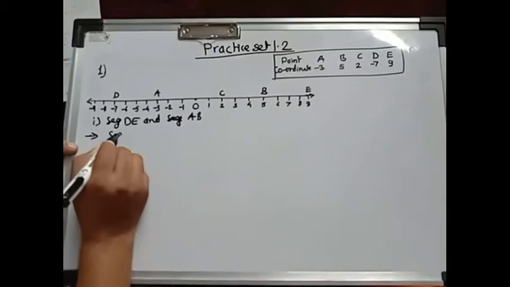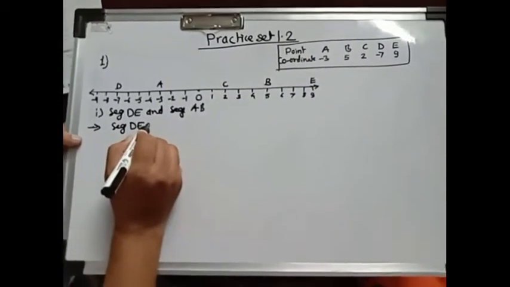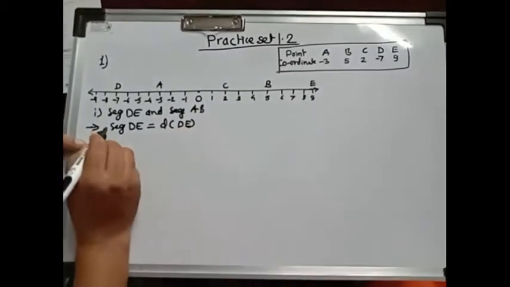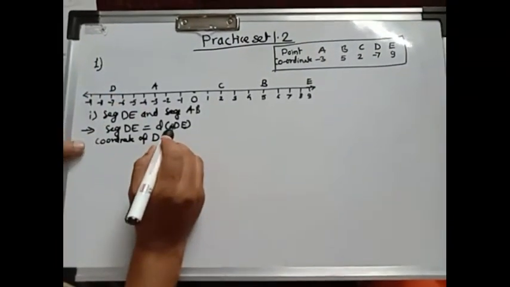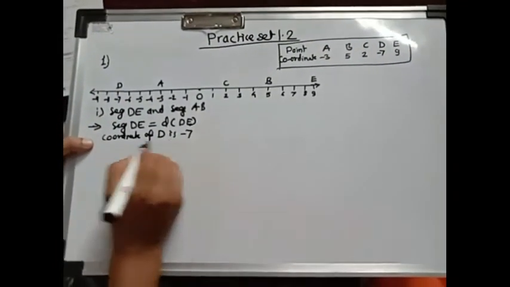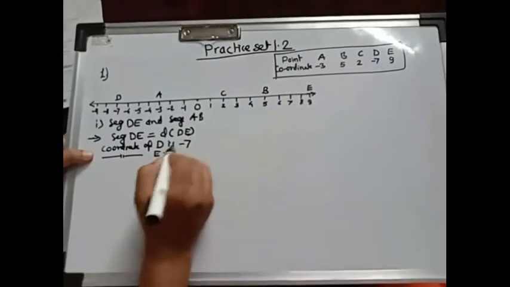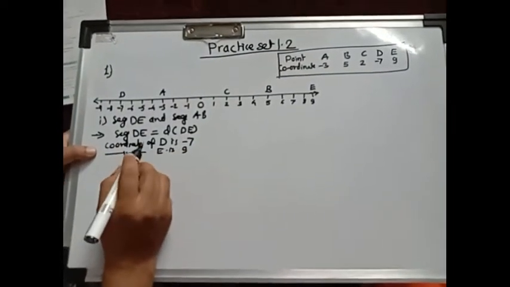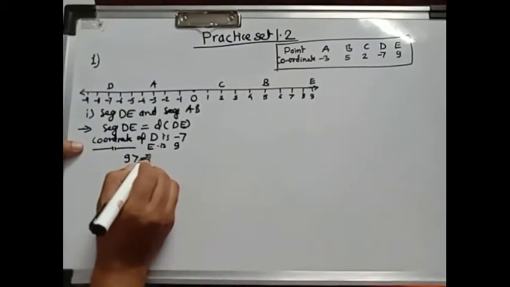Solution: segment DE is nothing but the distance of DE. First of all we write down the coordinate of D, which is -7, and the coordinate of E, which is 9. So here we can write that 9 is greater than -7.